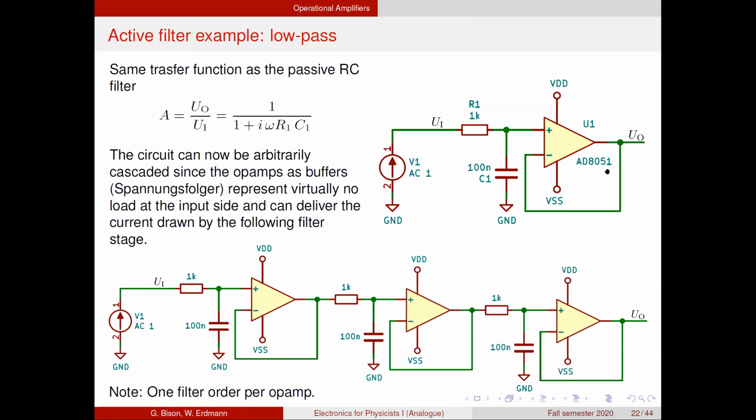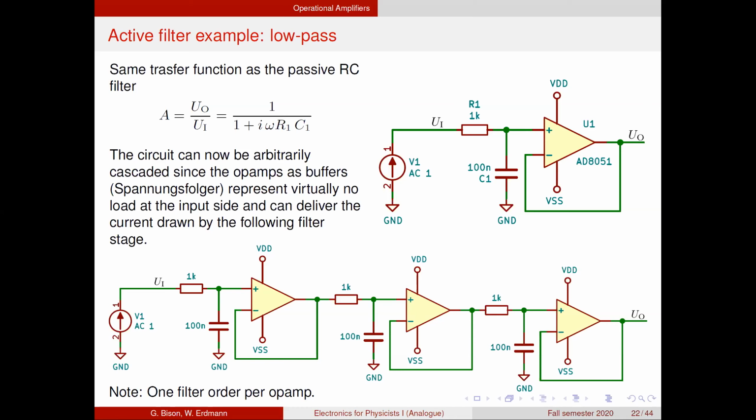And now, why this is useful: when we started to talk about filters, we have seen that if we want to combine different filters, the load of one filter onto the one that comes before basically destroys how well the filter works. And we have seen filters that actually take many time constants to settle and so on.